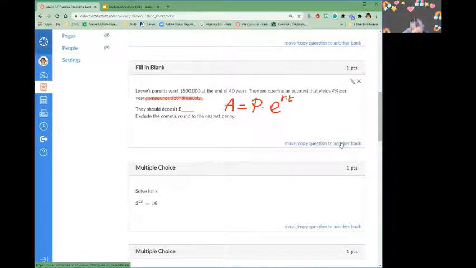Lane's parents want $500,000 at the end of 40 years. They are opening an account that yields 4% per year, but compounded continuously, right? So now we have the targeted amount at the end, which should be 500,000.